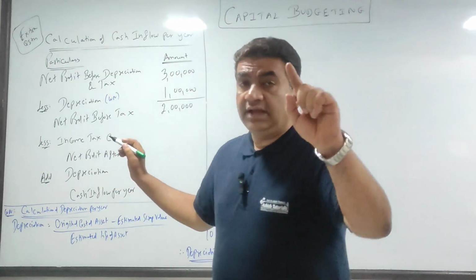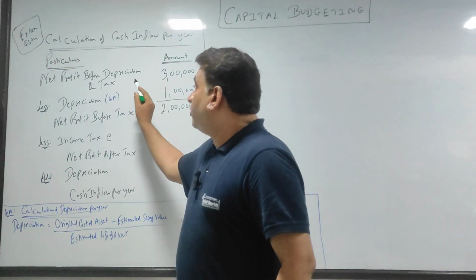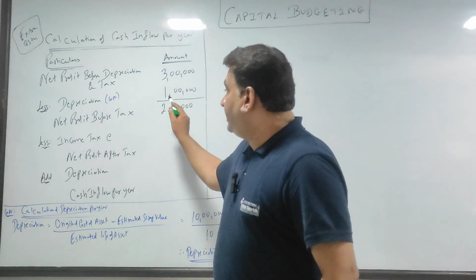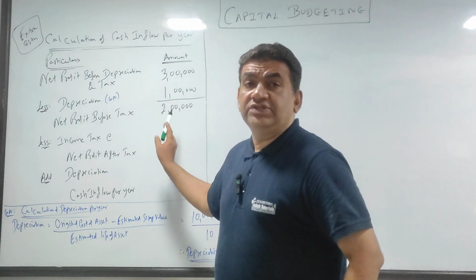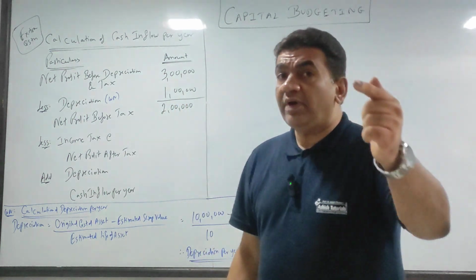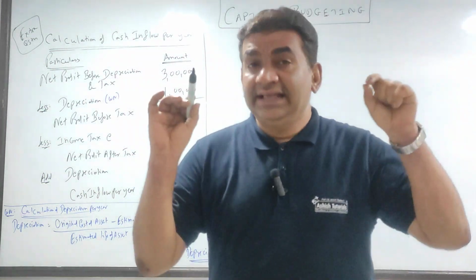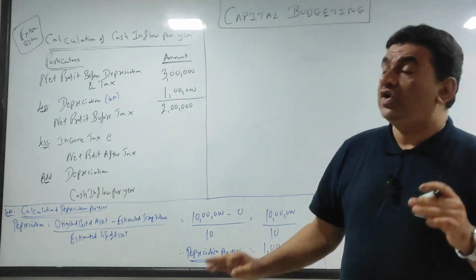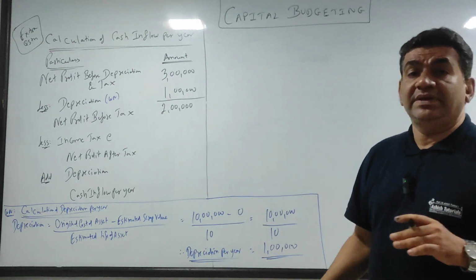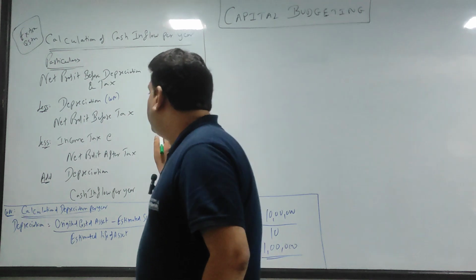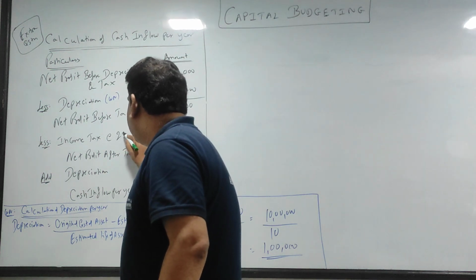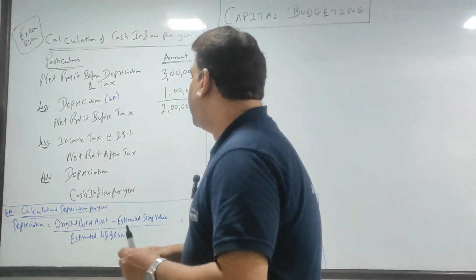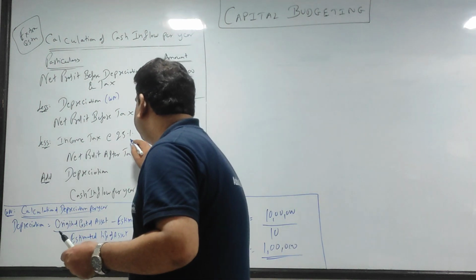So again I'll repeat, net profit before providing depreciation and before income tax. Depreciation I subtracted, so now it is before tax. Now when you provide income tax, what I told you, income tax wherever given in terms of percentage will always be percentage of NPBT. So net profit before tax 2 lakhs less income tax at the rate of 25%. I'll show the calculation in brackets.